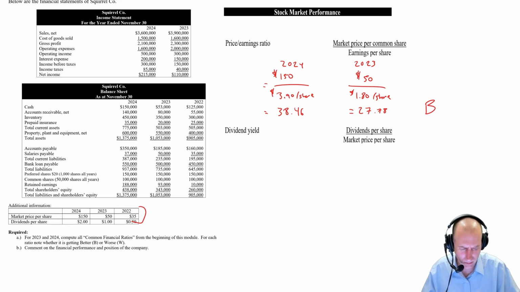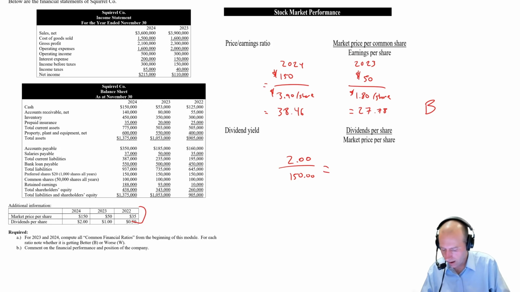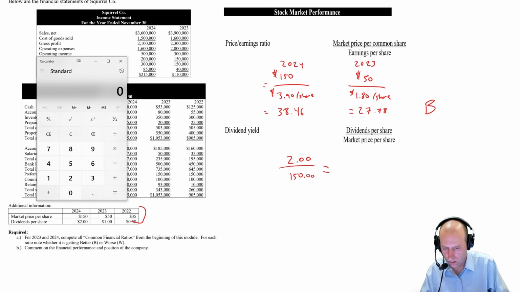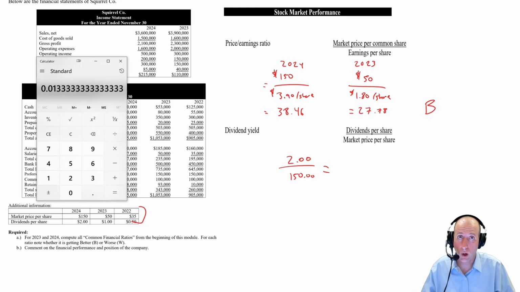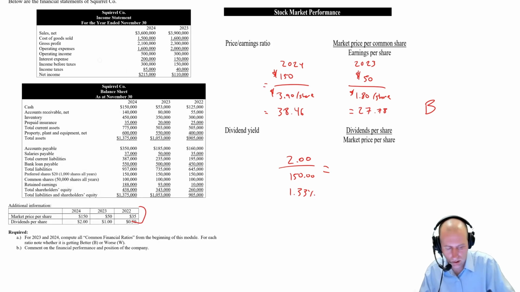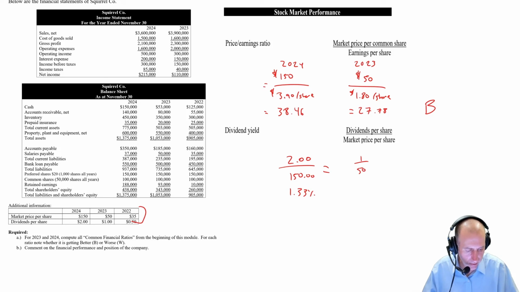I was like, this shouldn't be such a big number. 2 is our numerator, dividends per share, divided by the market price of 150. 2 divided by 150 for 2024 gives us a dividend yield of 1.33%. Last year, it was 1 divided by 50. That gives us a dividend yield last year of 2%.